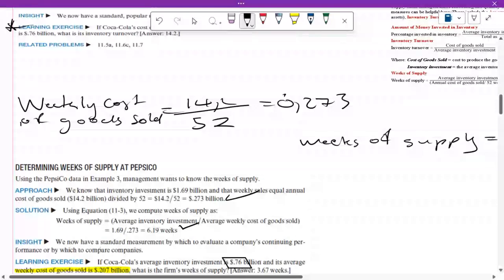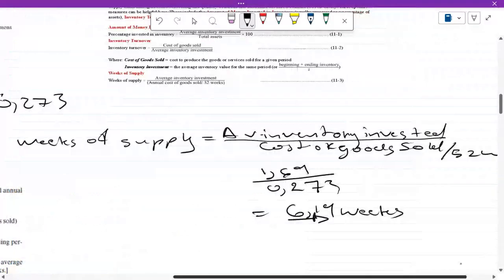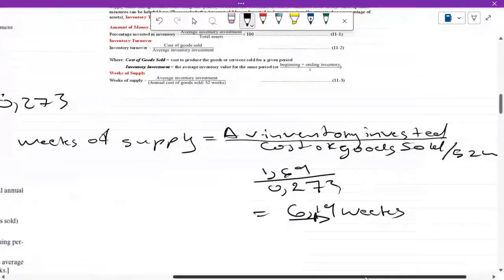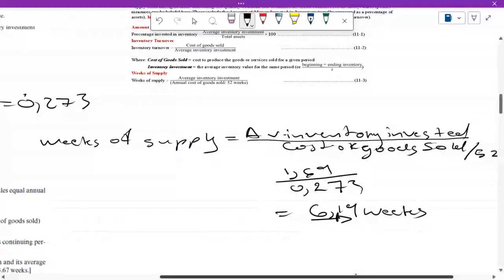I want you to tell me, what am I going to do with the formula? Now we come here, weeks of supply. What are we going to write there? Say, please explain the cost of goods sold. Okay, I will try my best to explain the cost of goods sold.